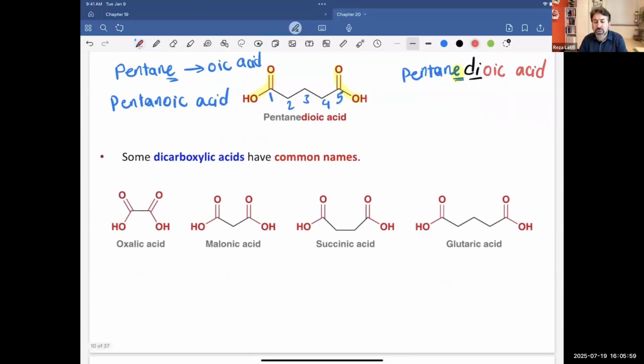So as you see, we have common names for many of the dicarboxylic acids, and they've been used for a long time and simply adopted. You will see many biochemists or chemists, instead of using the IUPAC actual names, go with this name.